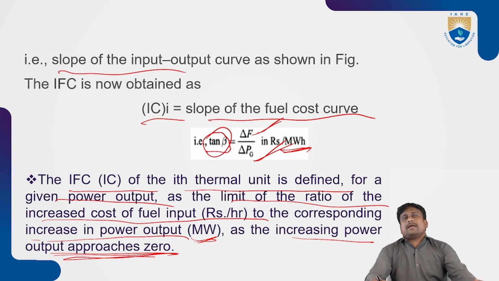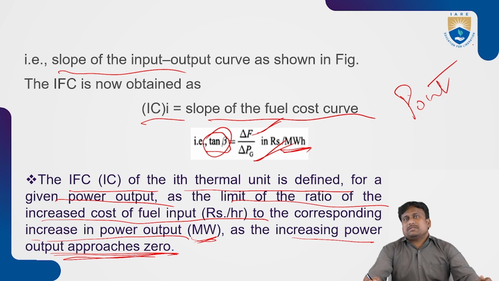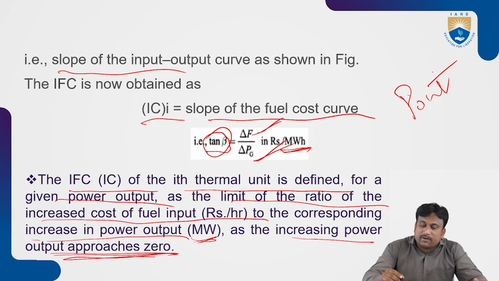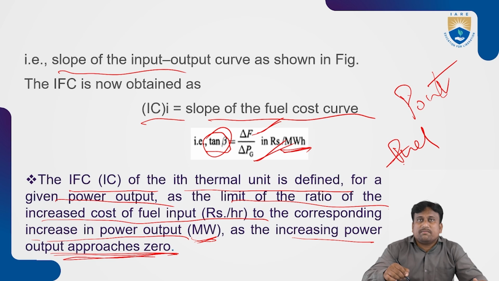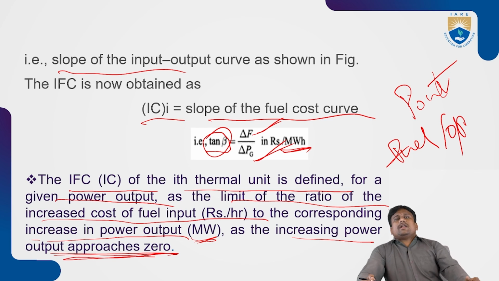For any ith thermal unit, for a given specified power output, the ratio of the increased cost of the fuel to the power output will increase and it may reach zero when there is an imbalance in the power system network.